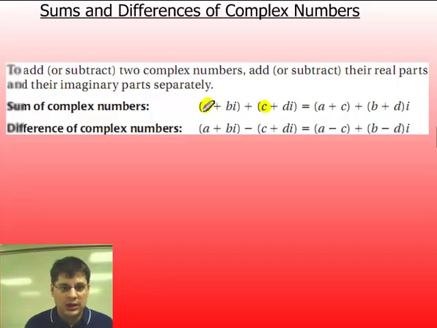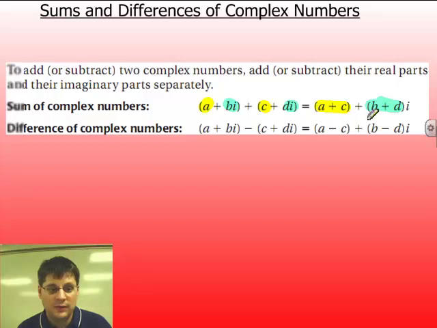So here in this example, I'd add a with c, which gives me a plus c, and then I would take the imaginary part bi and di, or the coefficients b and d, and add those together. And the same can be said for subtraction. So you can't add the real with the imaginary. If you do, the universe explodes.